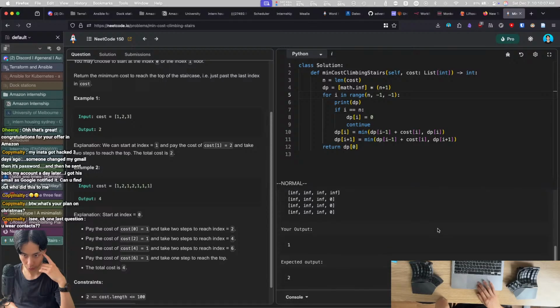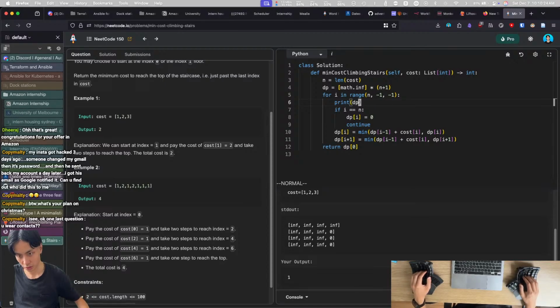Hold up. What has happened? Expected output is 2 for sure. How come it's not printing?